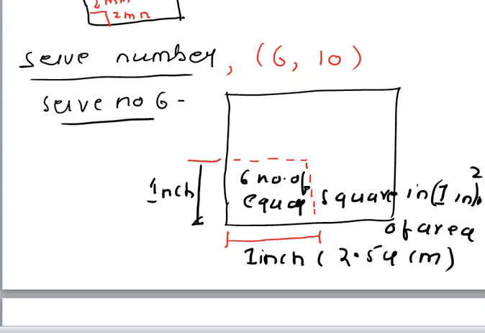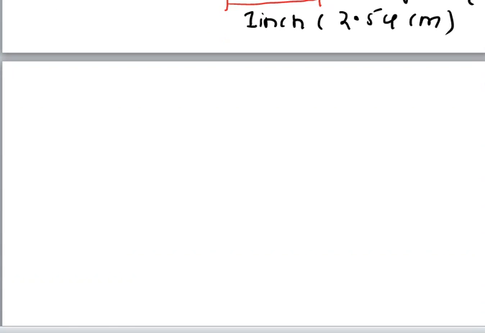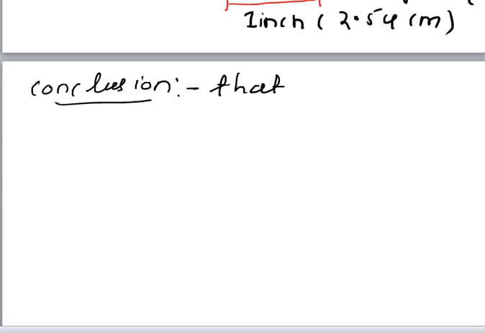Hence for sieve number 10, there must be 10 equal square openings in 1 inch length in both directions. What does it mean? I have said all this because we will draw a conclusion which is being asked in objectives. If you compare sieve number 10 and sieve number 6, the size of square opening, which will be higher?